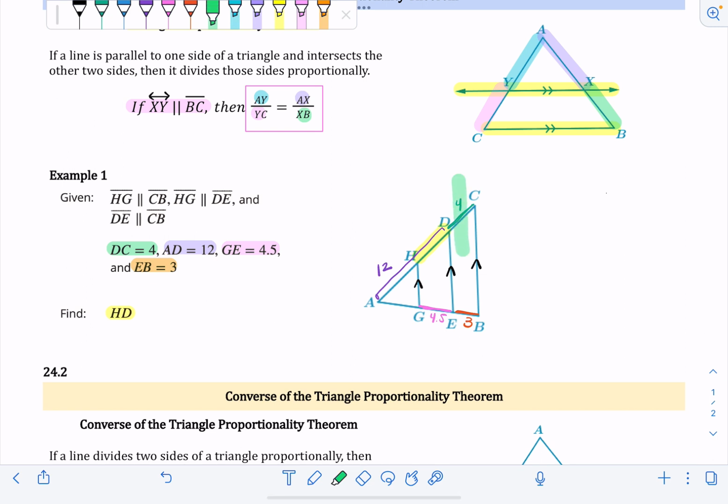We have these two sides that go together, DC and EB, and then we have these two sides that go together, HD and GE. So we can set up a proportion saying that they are proportional in order to solve for HD.